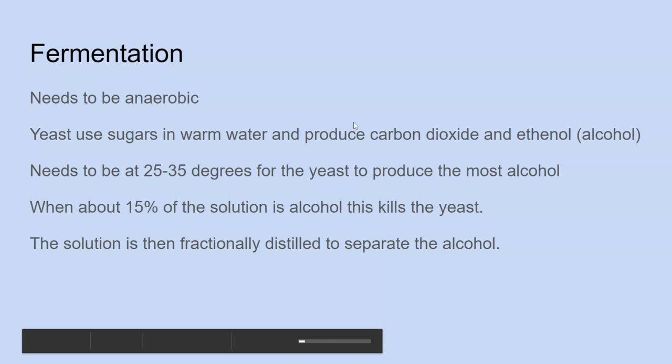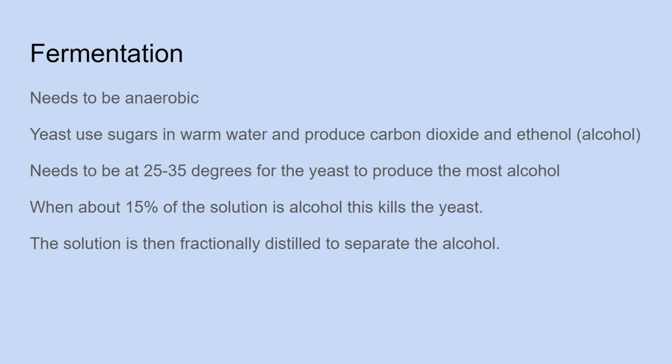There we go. So our yeast is used to produce ethanol and carbon dioxide. Now, yeast like to be between 25 and 35 degrees to work best. That's their optimum temperature, okay? When about 15% of the solution has turned into alcohol, that actually kills the yeast.